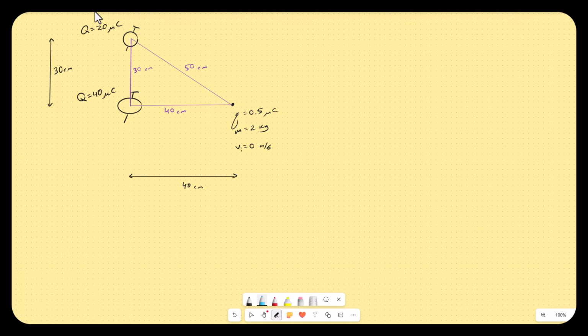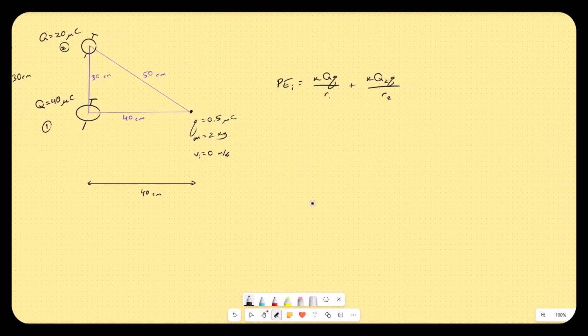Now how do I do this? It turns out I do it exactly the same way. My initial potential energy, I'm going to have a K Q1 Q over R1 plus a K Q2 Q over R2, which means I'm going to have to label some 1 and 2. So I do that, and I get something that looks a lot like this.